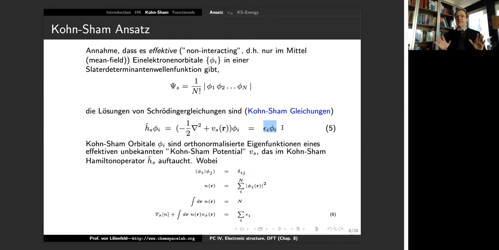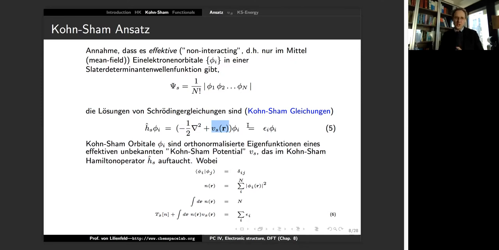So this is identical with Hartree-Fock, the left hand and the right hand side expression in equation 5. However, in the middle, you have something different. This is not the Fock operator. This is a kinetic operator. And then you have this Vs. This is some unspecified potential. We call this the Kohn-Sham potential. So that's why the S stands there.